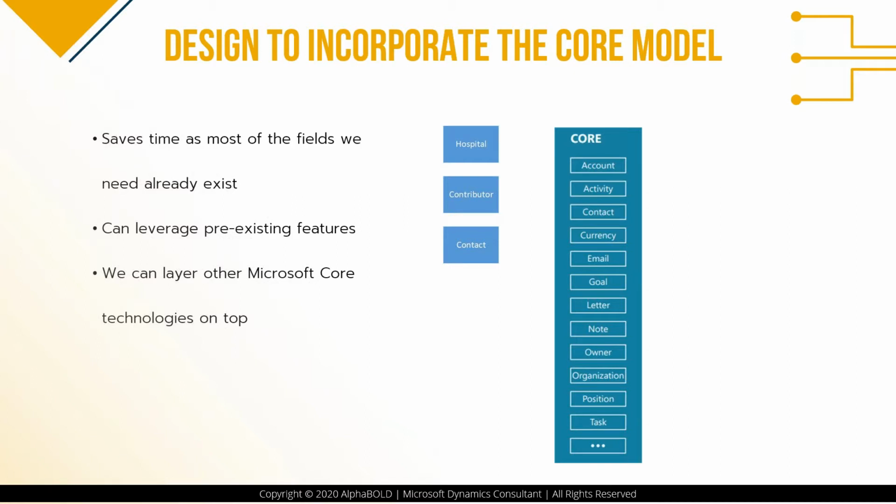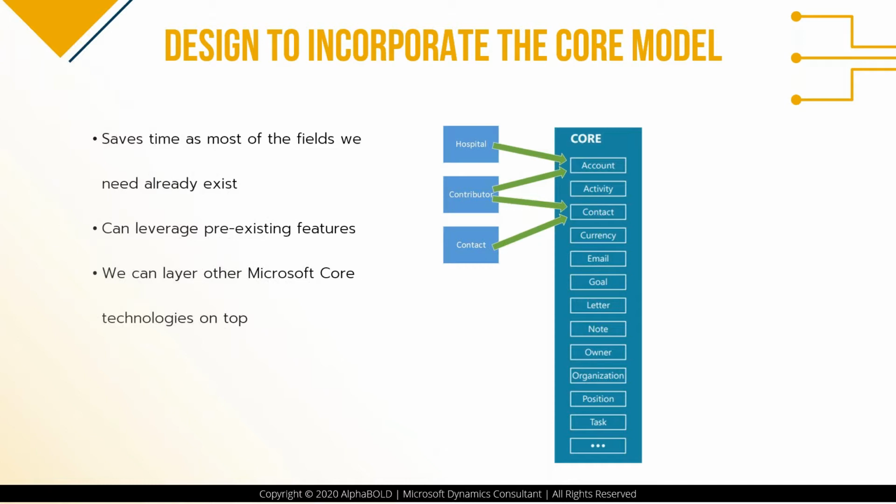Looking at it directly, I could see that contact could go to contact. That's easy. But what about hospital and contributor? In this particular design, a contributor could be an organization or it could be a contact. So I'm going to link our contributor to the account object within our core model. And it could also be a contact within our core model. A hospital obviously is going to be an account, being a company or an organization. And then contact records associated with hospitals would simply be a contact.